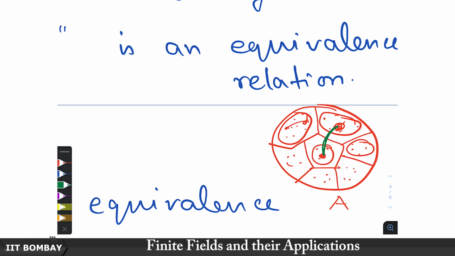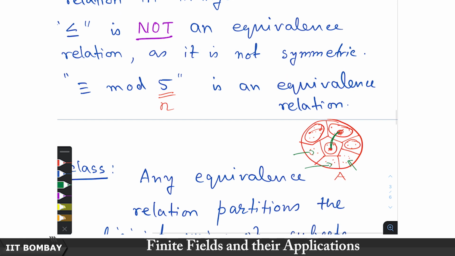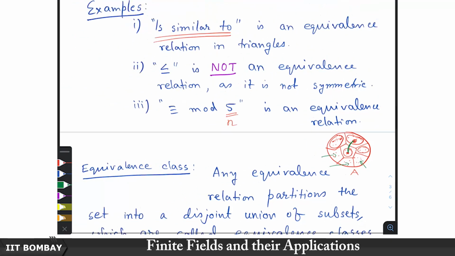So, the whole set gets partitioned into such disjoint subsets, and these subsets are called equivalence classes. This can be proved easily, that there are no intersections and the whole set gets partitioned.